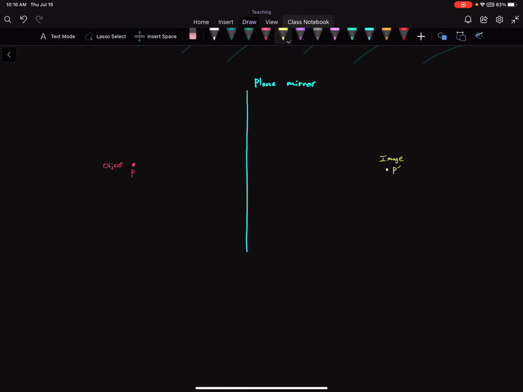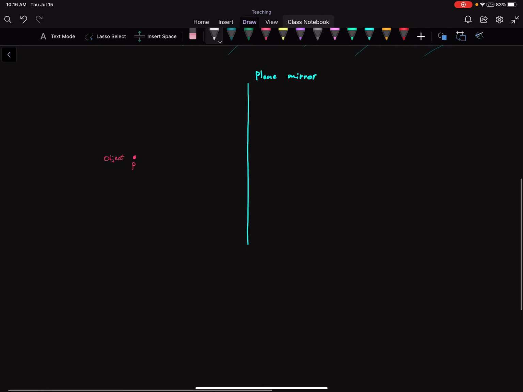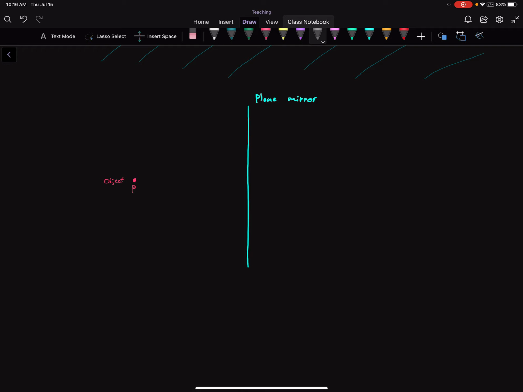But in order to find exactly where that image is, we have to do some work. So we know it's going to be there somewhere, but where exactly? So what we consider is that, oh yes, and one more thing is we're going to have some observer here. This is going to be like an eyeball, and that's going to be our observer.